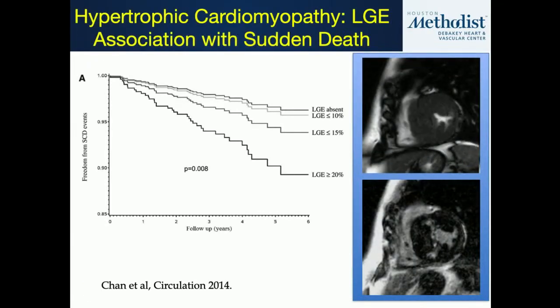And in fact, the extent of this myocardial injury or damage that we can see is associated with risk for sudden cardiac death in hypertrophic cardiomyopathy. So now the European and the US guidelines have suggested that if you have a scar burden of more than 15% in hypertrophic cardiomyopathy, that may represent a risk factor to consider for placement of an ICD.